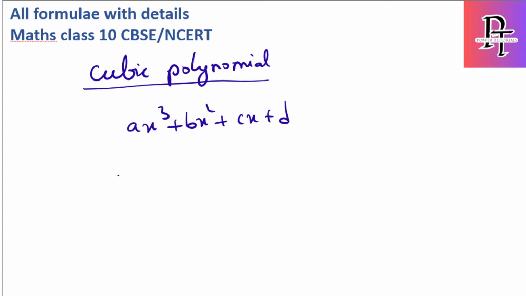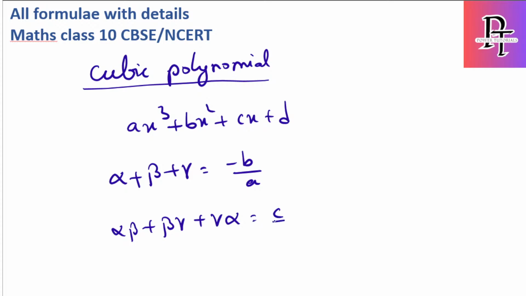Here the sum of zeros, alpha plus beta plus gamma, is minus b by a, alpha beta plus beta gamma plus gamma alpha is c by a, and the product of all the zeros is minus d by a. This is present in NCERT, so I suggest you remember this formula as well. They can simply give a cubic polynomial and ask what the product of roots is, what the sum of roots is, and so on.